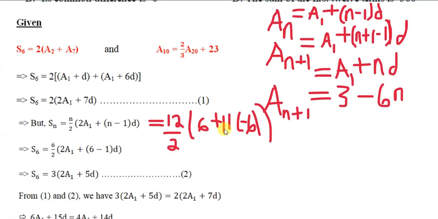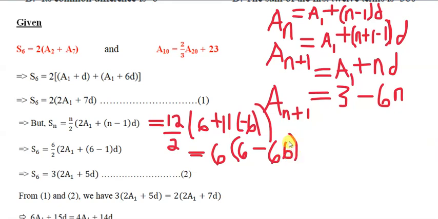Here we have 11 times minus 6. 12 divided by 2 means it is 6. Here put in bracket again. 11 times minus 6 means minus 66. Therefore 6 minus 66. What is the result?